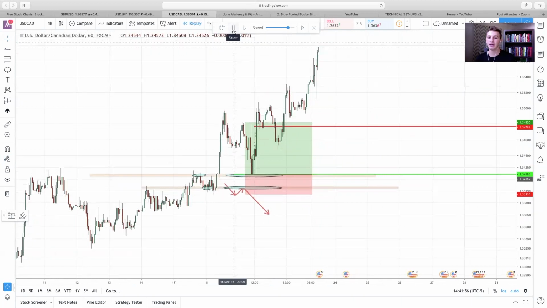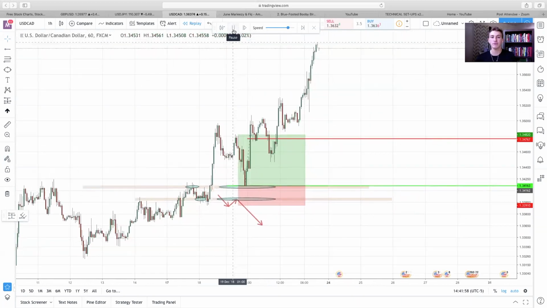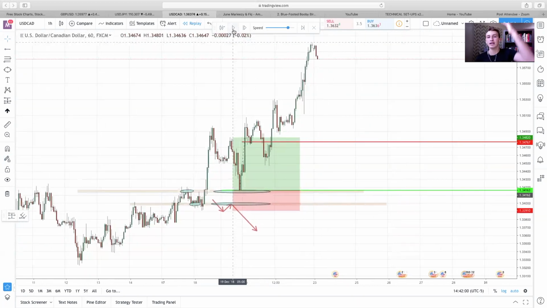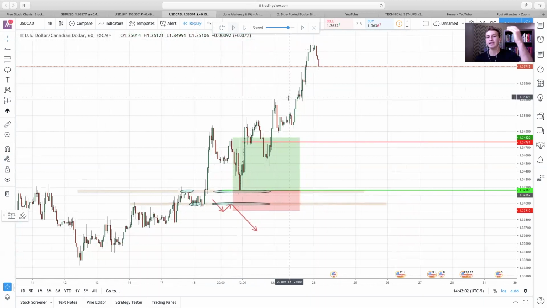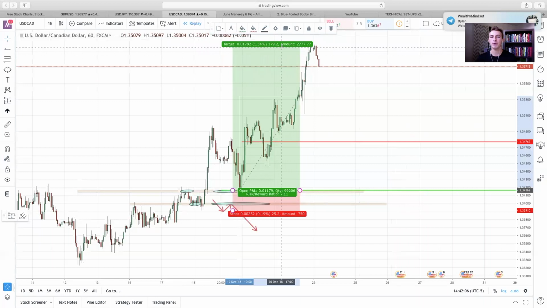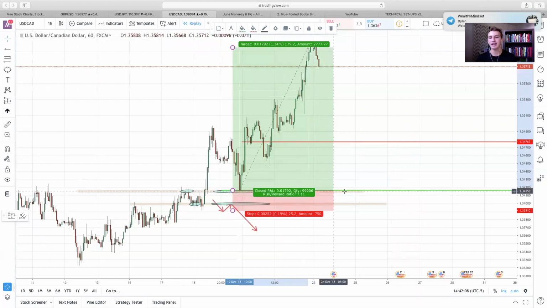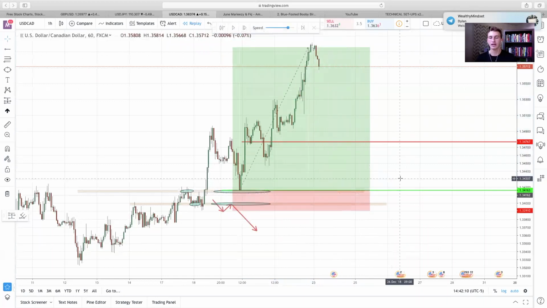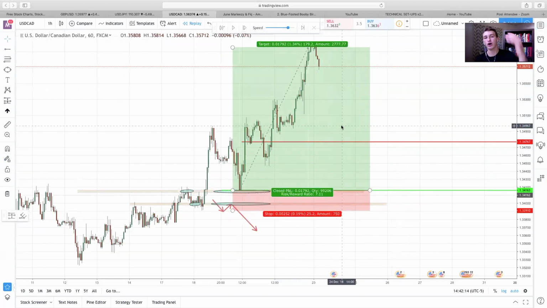It may come back and hit our stop loss level, but it may just skyrocket like it did there. And if we let it skyrocket, as you can see, we would have been up about 280 pips. Okay, so we caught our 30 pips, right? But we also are up 280 pips.